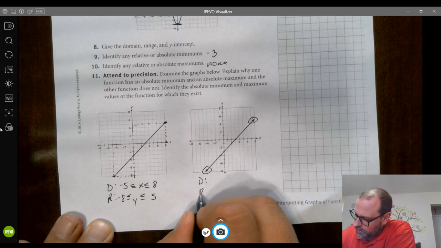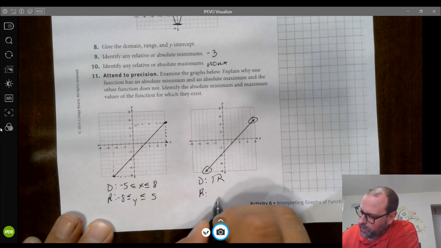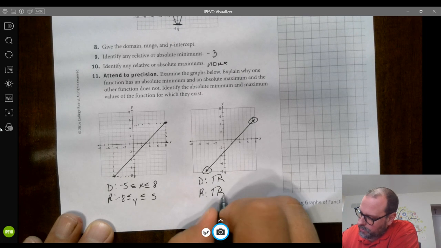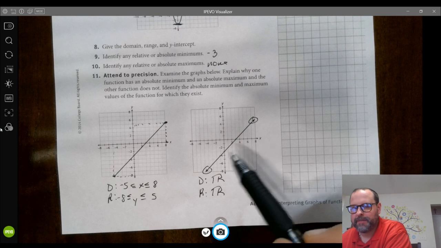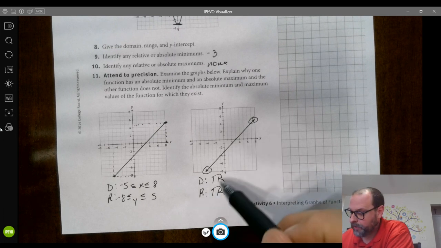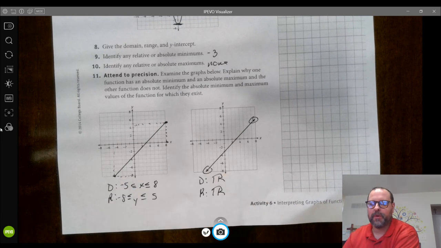Compared to here, my domain, it goes forever left and right, so it's all real numbers. My range goes forever up and down, so it's all real numbers. So going back to that other statement I said, if it's a linear function that goes on forever, domain and range are always all real numbers. If they have stopping and ending points, that changes what it is.